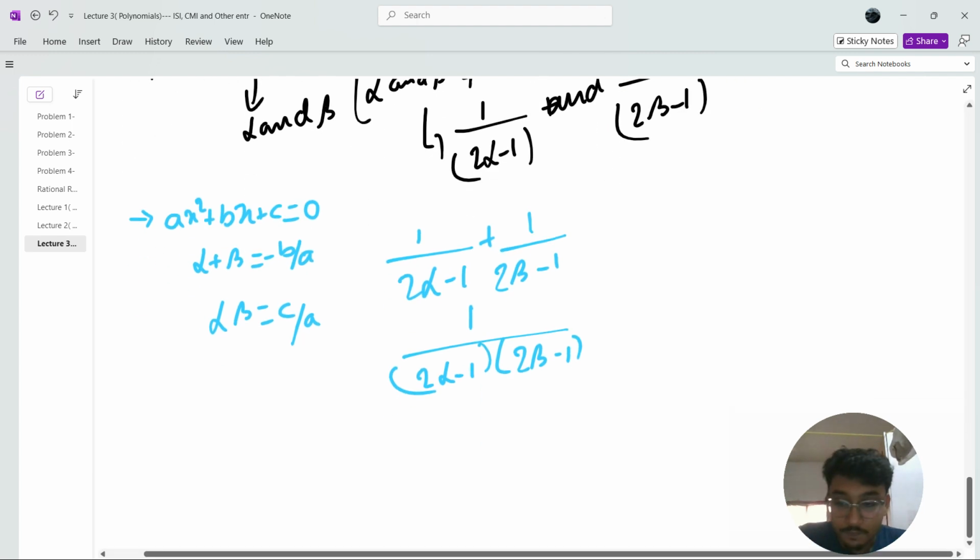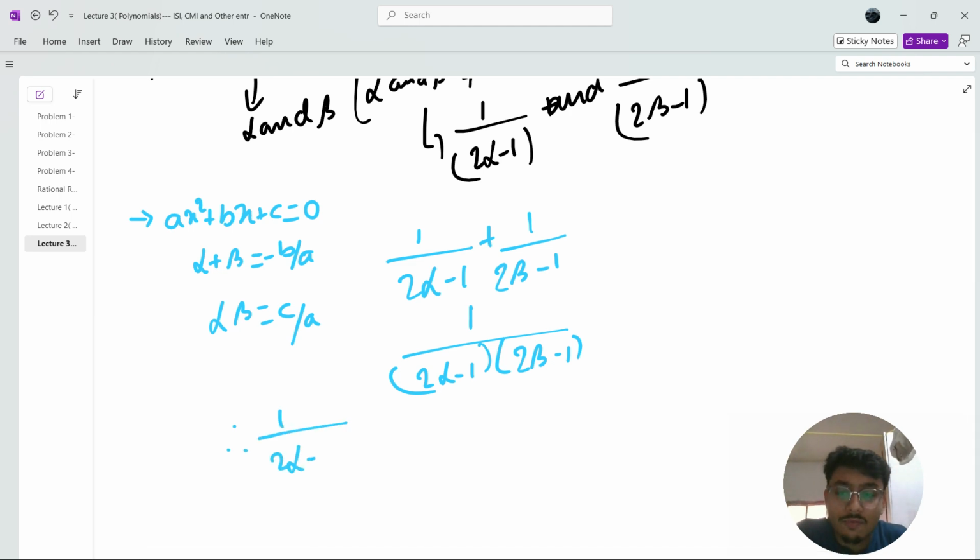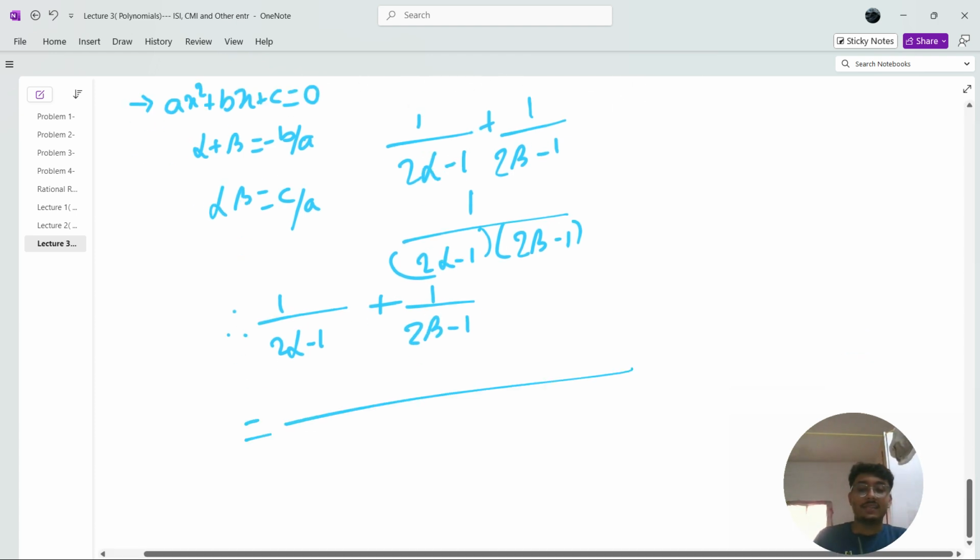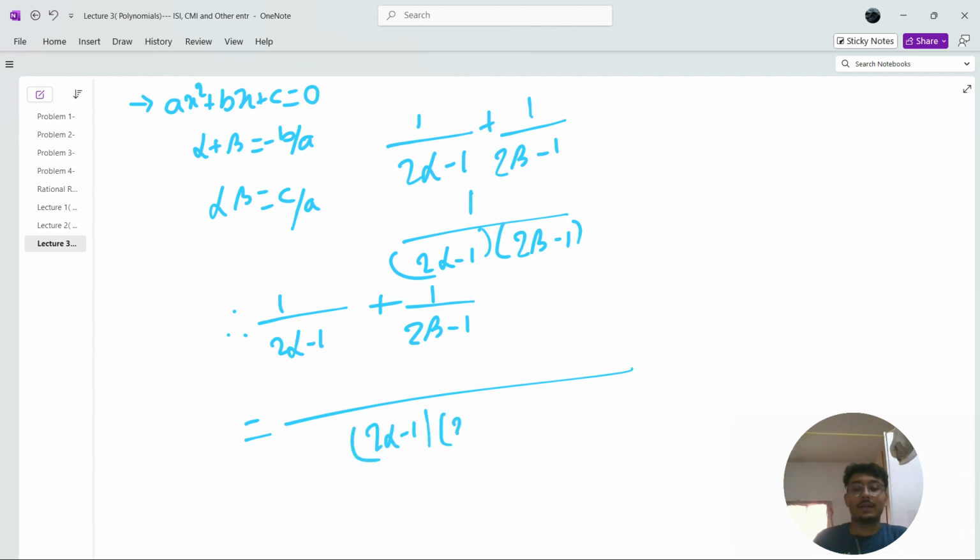We need this too. So therefore 1 by 2 alpha minus 1 plus 1 by 2 beta minus 1. Simple addition. So in my denominator I will be remaining with 2 alpha minus 1 into 2 beta minus 1. So here I have my 2 beta minus 1 plus 2 alpha minus 1.